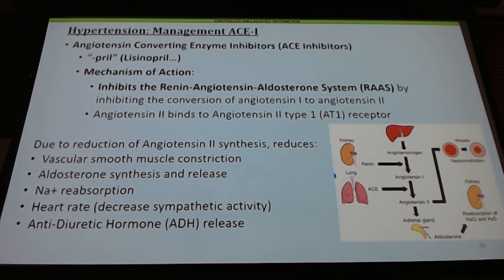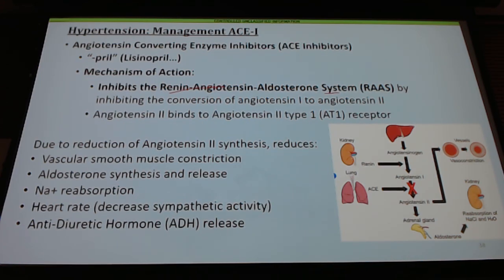So let's talk briefly about how each one of these agents works to control your blood pressure. Let's start with ACE inhibitors, probably one of the more common ones that you're going to see prescribed to your patients. This inhibits the renin-angiotensin-aldosterone system, particularly by working on this regulation pathway where it blocks the conversion of angiotensin 1 to angiotensin 2.